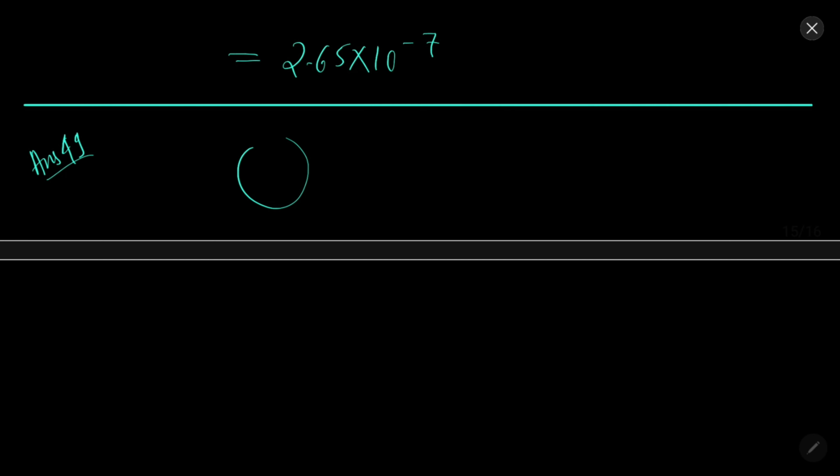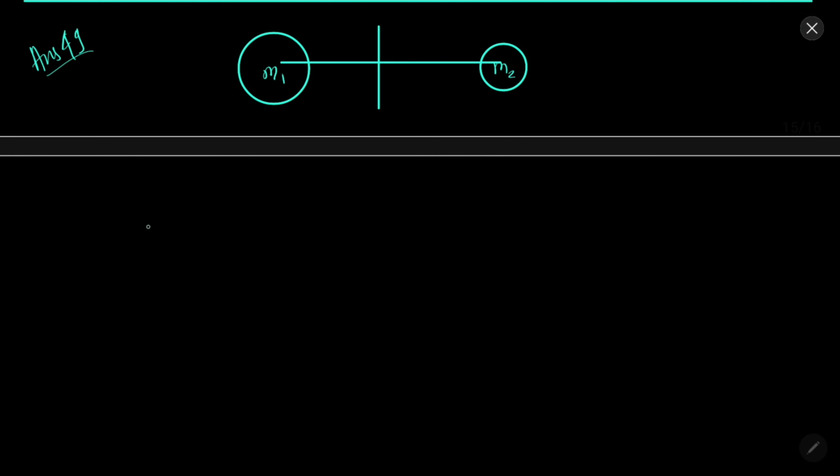So the scenario is somewhat like this. M1, M2, rod, axis. So the angular momentum due to M1 at the center of the system will be M1 R1 square.